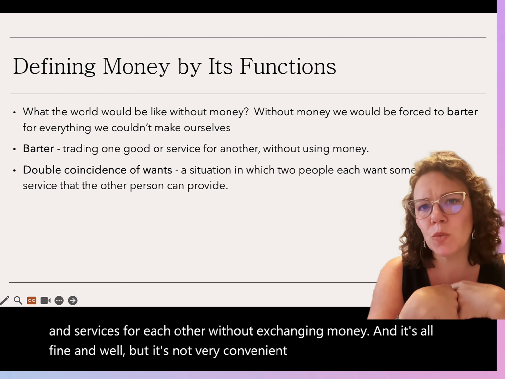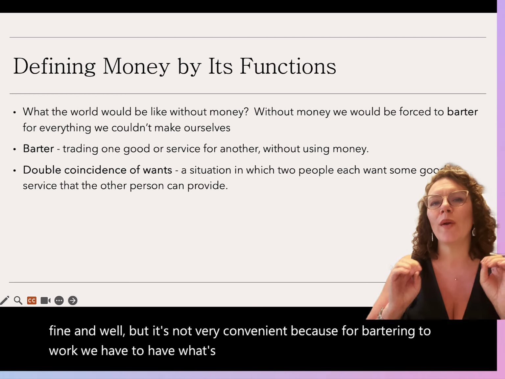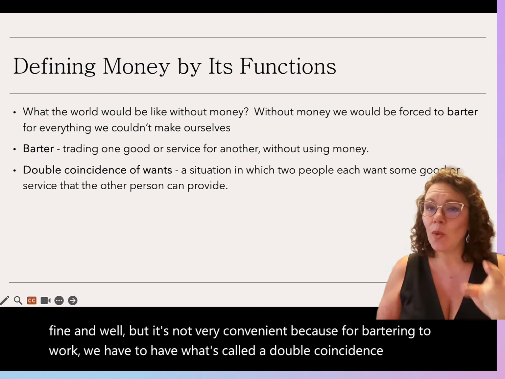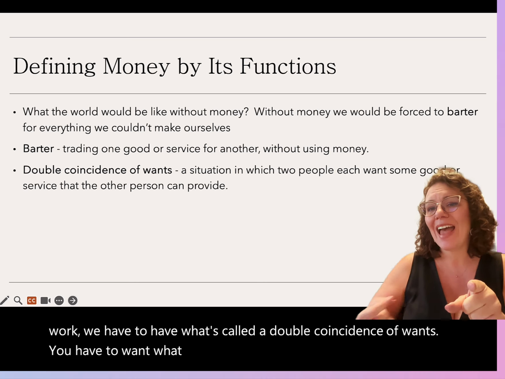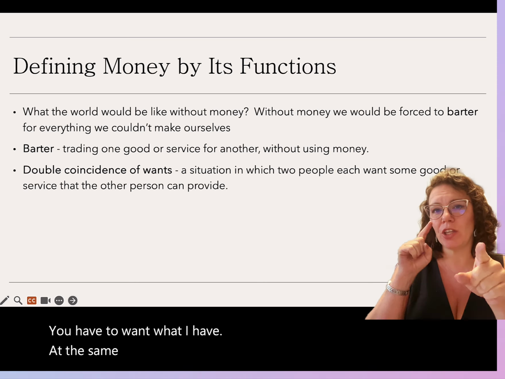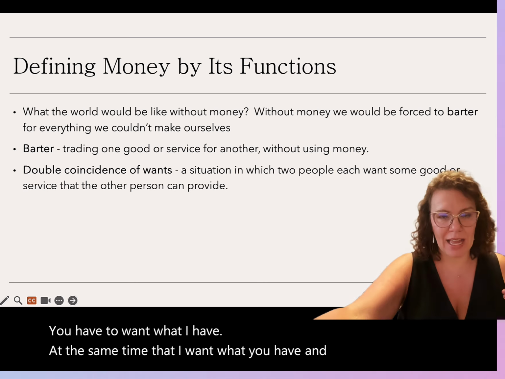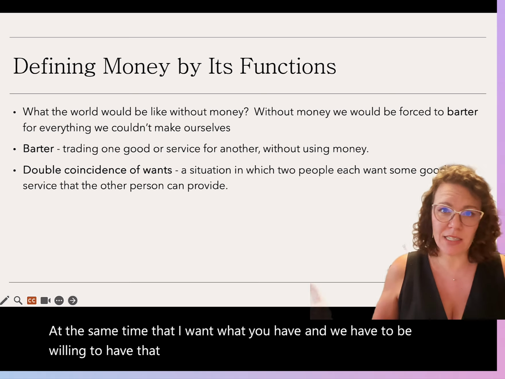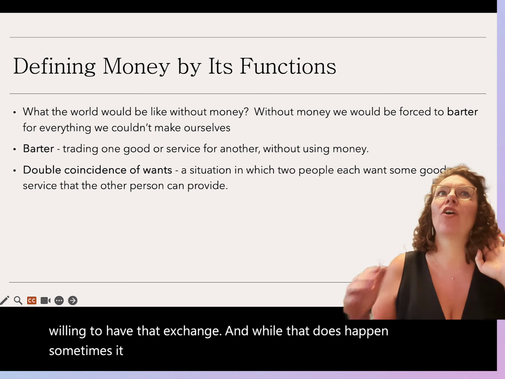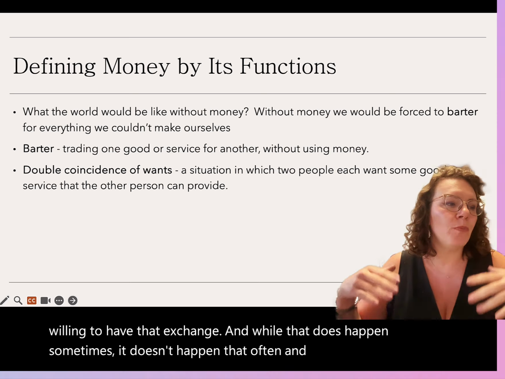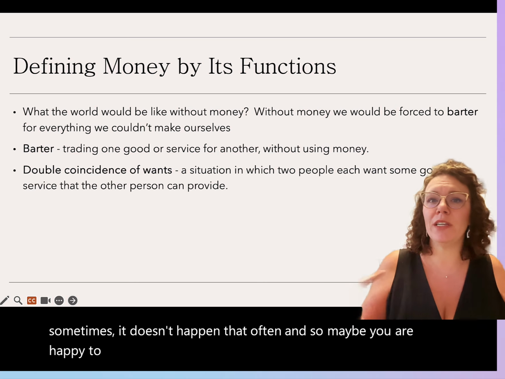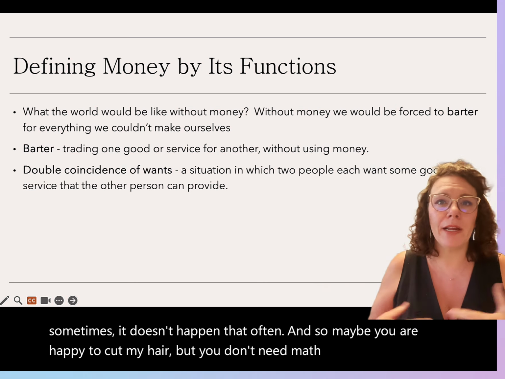Because for bartering to work, we have to have what's called a double coincidence of wants. You have to want what I have at the same time that I want what you have, and we have to be willing to have that exchange. And while that does happen sometimes, it doesn't happen that often. Maybe you are happy to cut my hair, but you don't need math tutoring. You need a pizza.